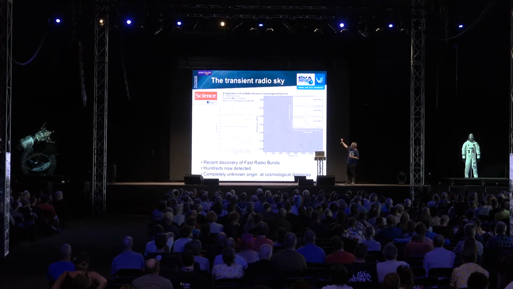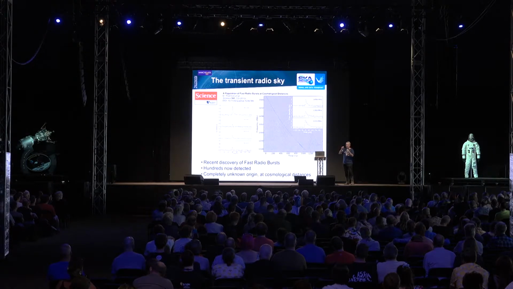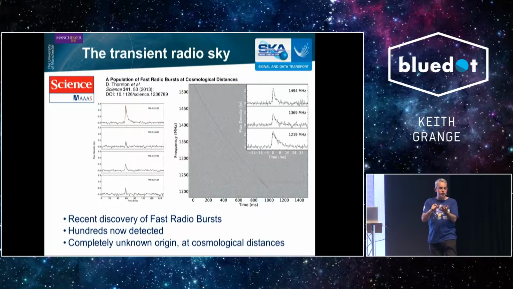And this object emitted a huge luminosity of light, so a huge amount of energy in less than a millisecond or so. So something hugely explosive going off, and we don't really know what these objects are. So there's a lot of work to actually understand these things. Once we've actually found a few of them, we can use them to study the intervening universe between us and them as well.